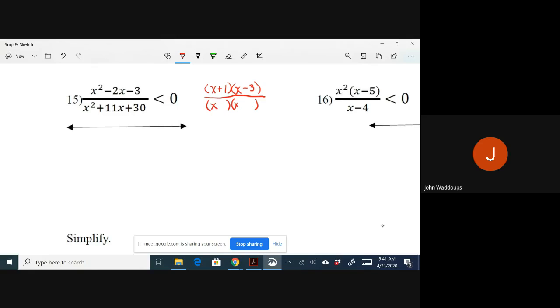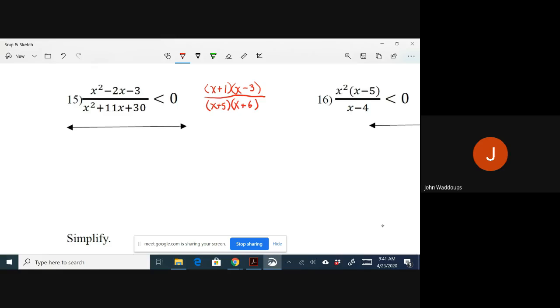And since 11 is positive, they'll both be positive, which means those numbers add to 11. Numbers that multiply to 30 and add to 11 would be 5 and 6. So I'm going to put plus 5 and plus 6. The order doesn't matter. Could have put x plus 6 times x plus 5. It doesn't matter.